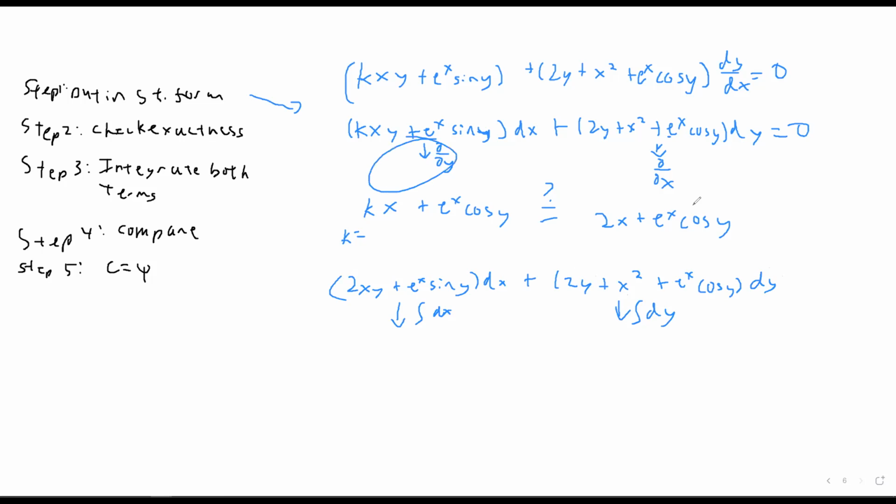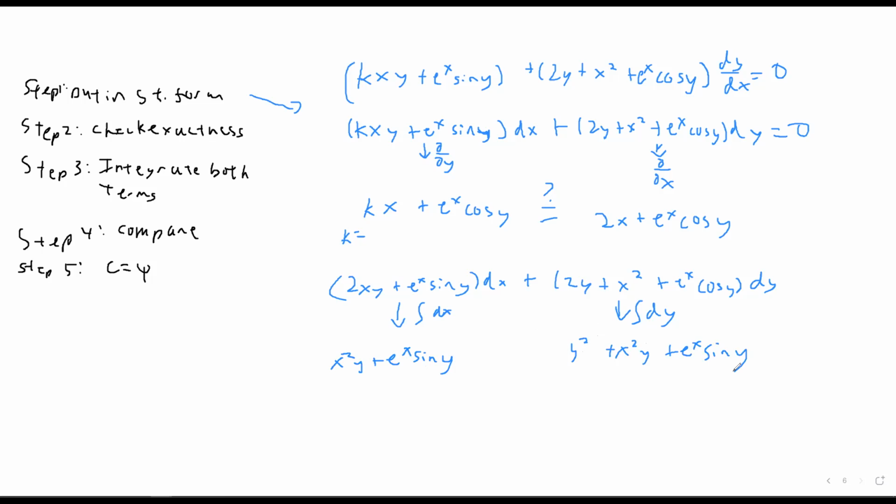So you can see it's kind of flipped. The first term integrates to x squared y plus e to the x sine y. The second term integrates to y squared plus x squared y plus e to the x sine y.